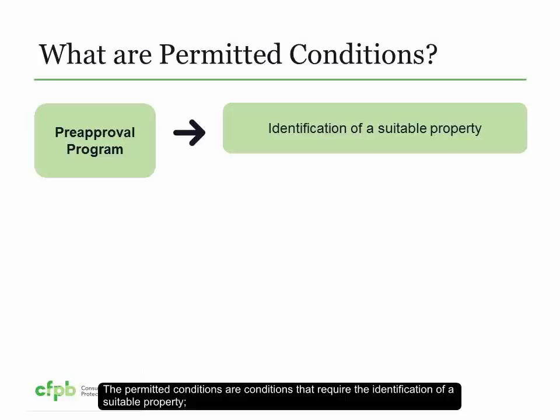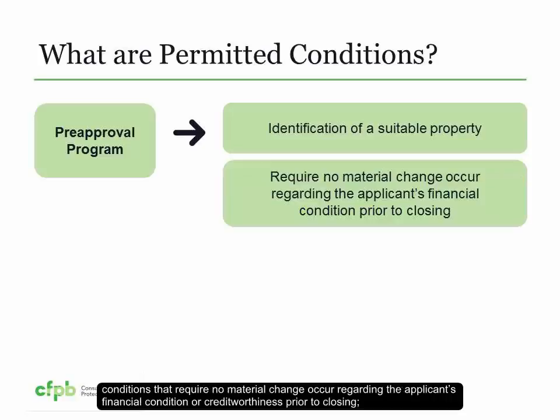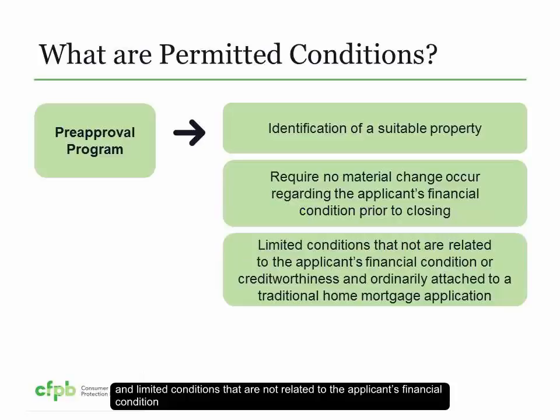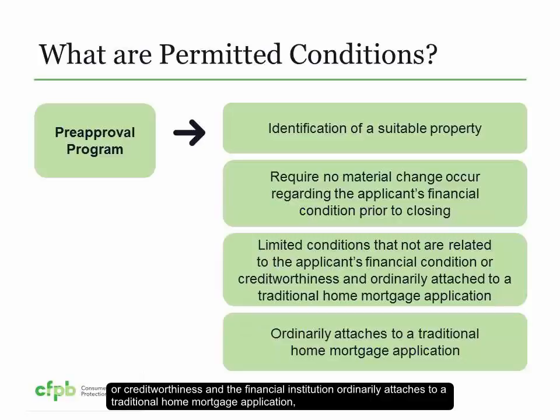The permitted conditions are conditions that require the identification of a suitable property, conditions that require no material change occur regarding the applicant's financial condition or creditworthiness prior to closing, and limited conditions that are not related to the applicant's financial condition or creditworthiness and the financial institution ordinarily attaches to a traditional home mortgage application.